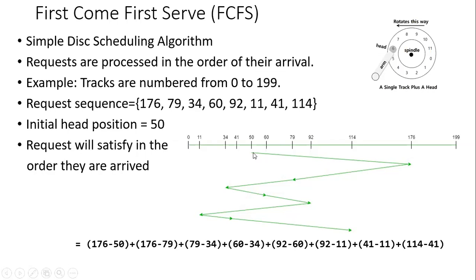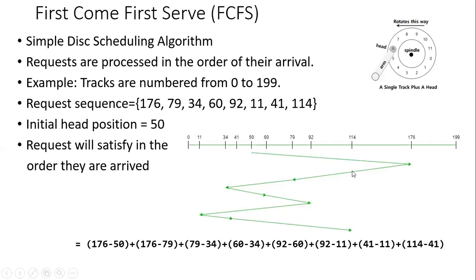So the head is moving from track number 50 to 176. This is the seek time. It requires how much seek time? 176 minus 50. The same thing is written over here: 176 minus 50. This is the total seek time required to access this block. The next block is 79, you can see 79 is here.